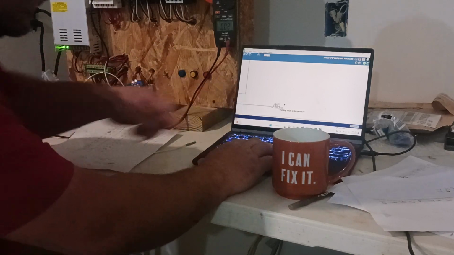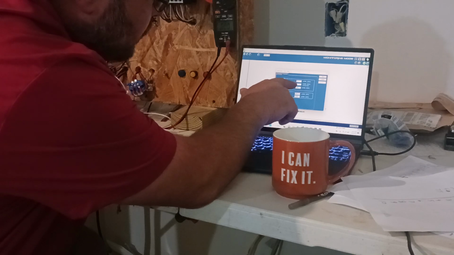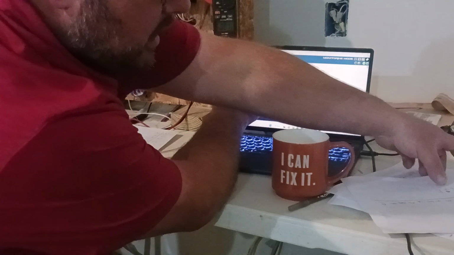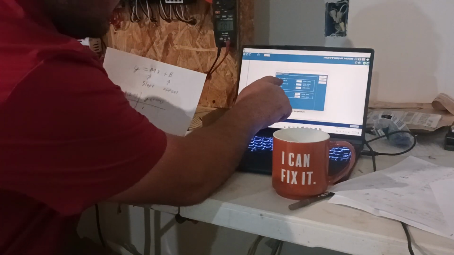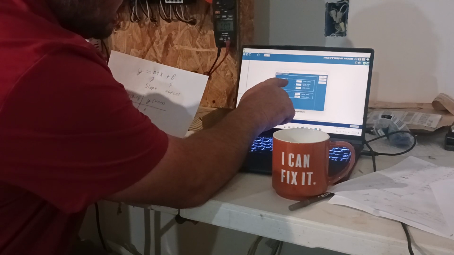So how did I come up with these numbers? Well, I just plug them in there, and my slope right there is 12. Now, the equation that I always teach people is y equals mx plus b. This one is a little bit different. This a divided by b is actually m, and this c is actually b.